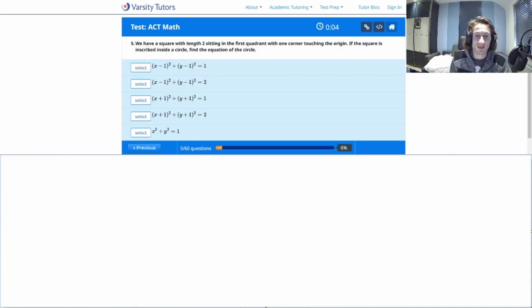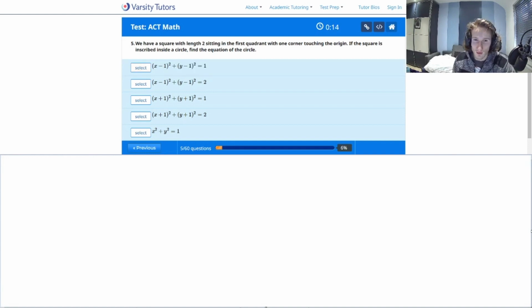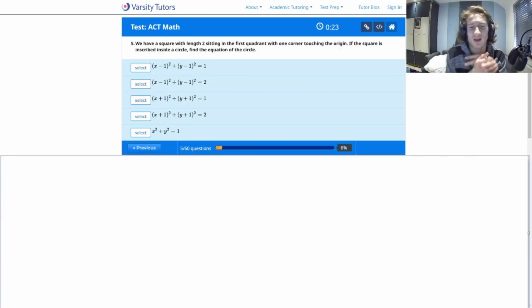Alright. We have a square sitting in the first quadrant with one corner touching the origin. If the square is inscribed in the circle, find the equation of the circle. What? What's this wording? I thought GCSE was bad with its wording.